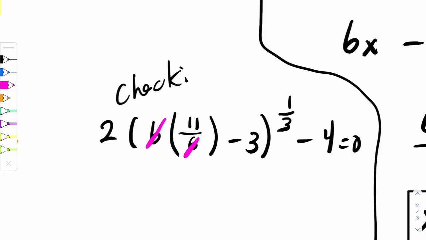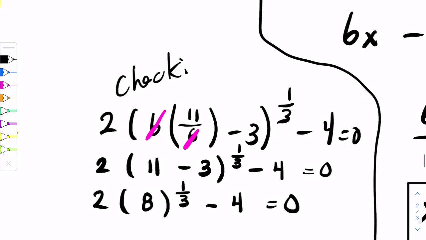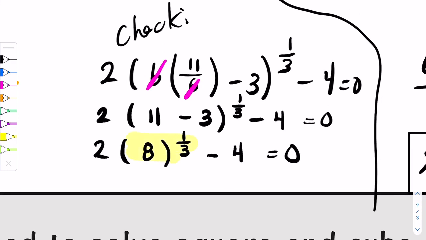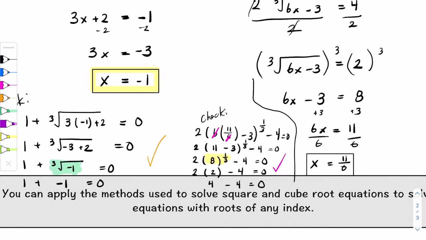You can cancel the numerator with the denominator, and that leaves you with just 11. So 2 times (11 minus 3) raised to the power of 1/3 minus 4 equals 0. 2 times 8 to the power of 1/3 minus 4 equals 0. 8 to the power of 1/3 is the same thing as the cube root of 8, and the cube root of 8 is 2. 2 times 2 minus 4 equals 0. 4 minus 4 equals 0. That is correct. So this is your answer.